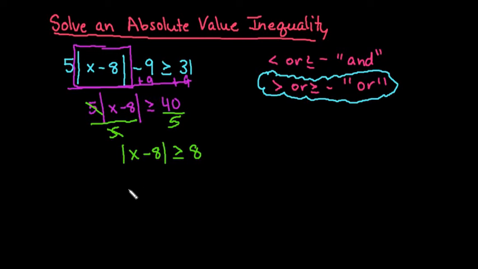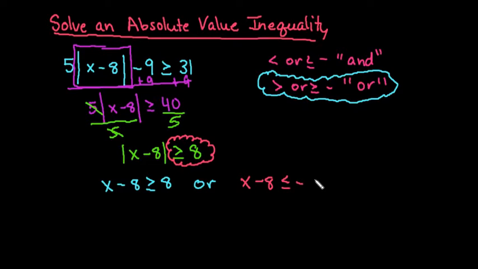So remember, with or inequalities, you would just set it up that the absolute value has to be greater than or equal to 8. Or, don't forget that anytime you change this sign, it includes the inequality, x minus 8 has to be less than or equal to negative 8. Because if it's less than or equal to negative 8, once you take the absolute value of it, it will give you a value that is greater than 8.